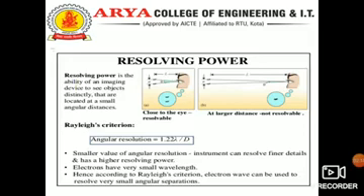Now, the Rayleigh criterion, which is angular resolution, is calculated by the formula 1.22 lambda upon d. A smaller value of angular resolution means the instrument can resolve finer details and has a higher resolving power.